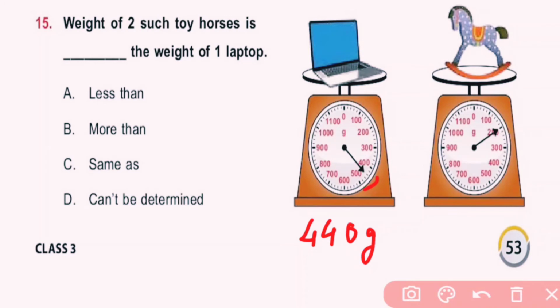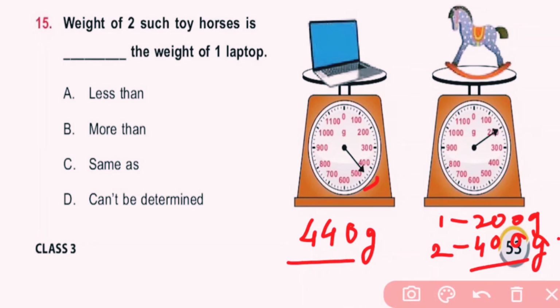And weight of 1 horse is 200 grams. And 2 horses is 400 grams. So which weight is more? Laptop weight is more than weight of 2 horses. So here the answer is, weight of 2 such toy horses is less than the weight of 1 laptop. So A is the correct answer.